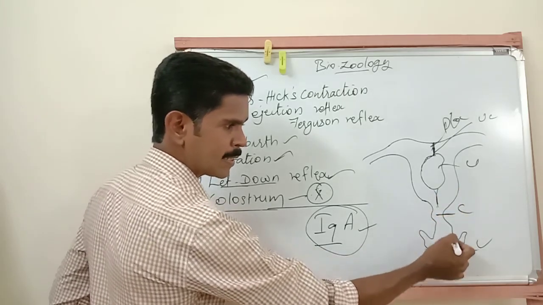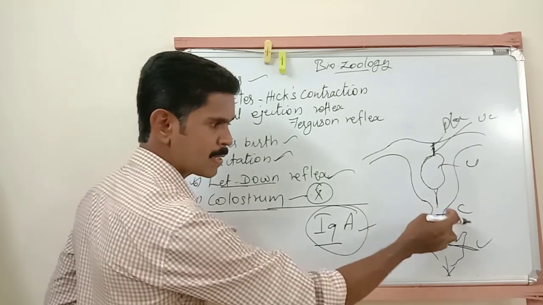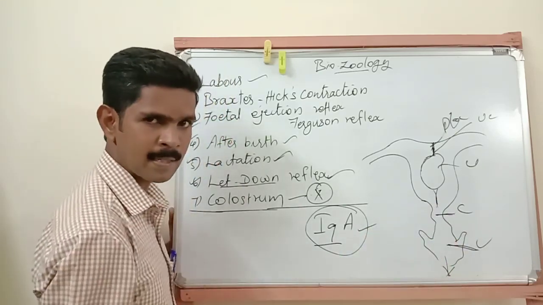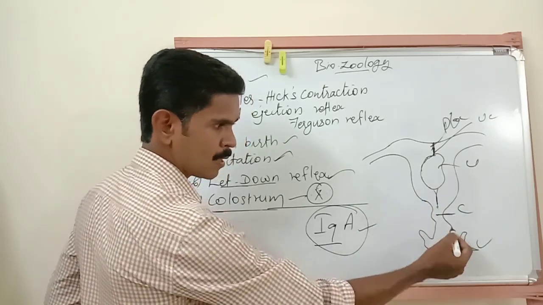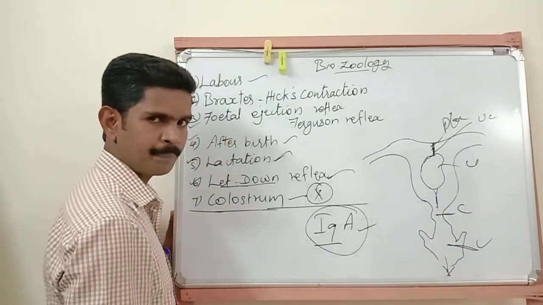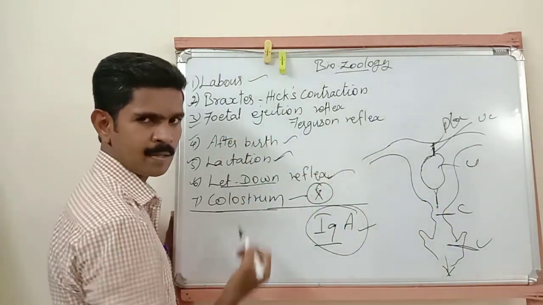Immediately the cervix and the vaginal region dilate, that means both increase in size. So the baby comes outside through the cervix and vagina. Understand? This reflex is called fetal ejection reflex or Ferguson reflex.